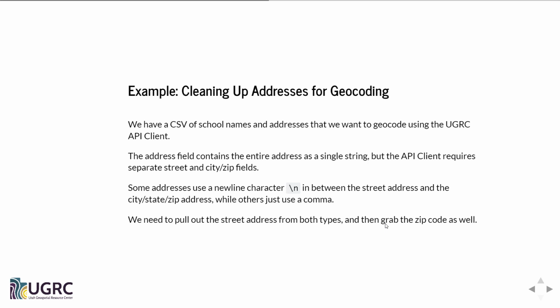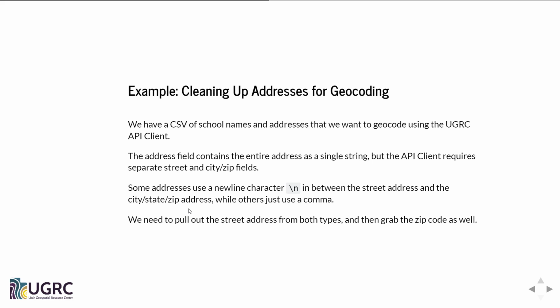Now that address column is formatted two different ways. Sometimes it's two lines, like 123 South Main Street, Salt Lake City, Utah, and there's a new line character there. Other times it's 123 Main Street, comma, Salt Lake City, comma, UT, zip code. So we need to figure out how to split all that up.